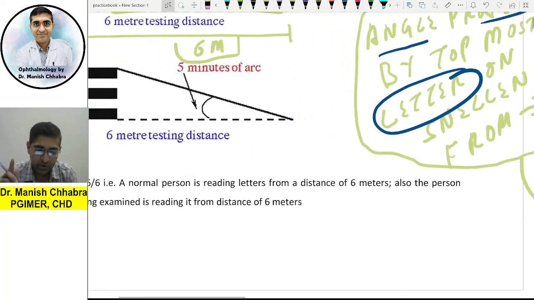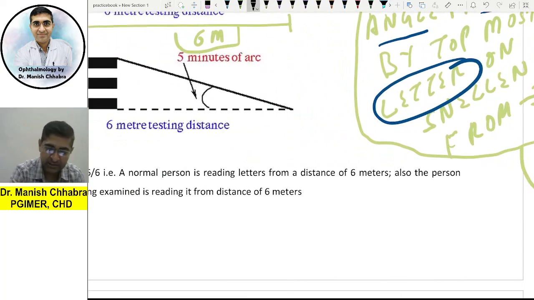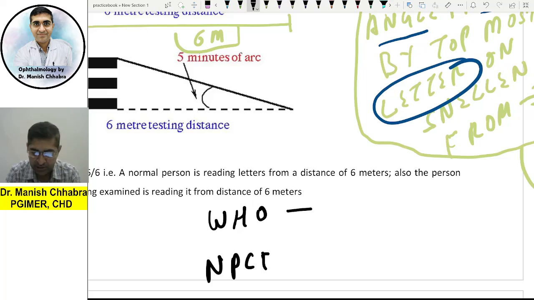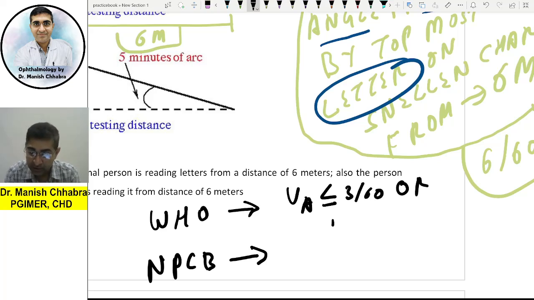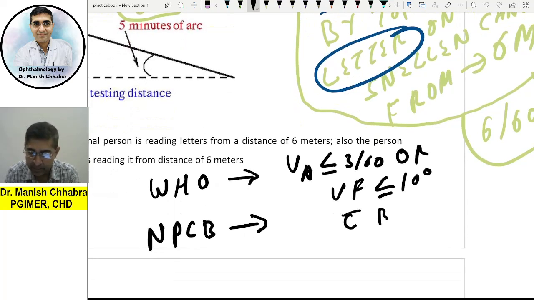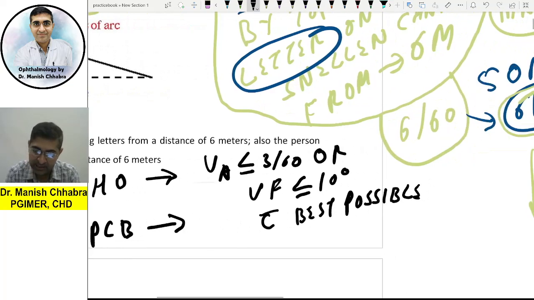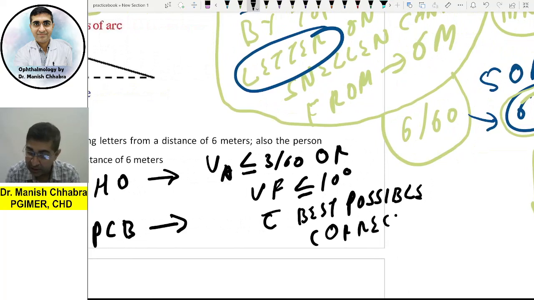Okay. Now coming over to the definition of blindness. Just 2 minutes. So there are 2 definitions. One is your WHO definition. Another is your NPCB definition. WHO definition says that if the visual acuity of the patient is less than equal to 3 by 60 or visual field less than equal to 10 degree with best possible correction, in better eye.